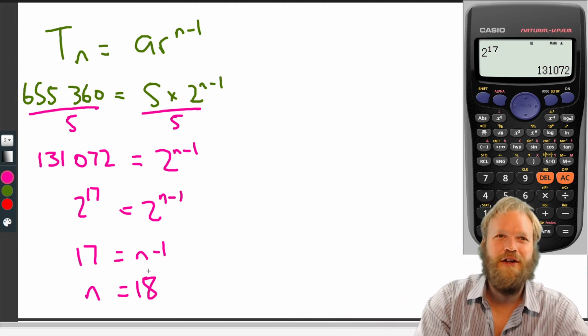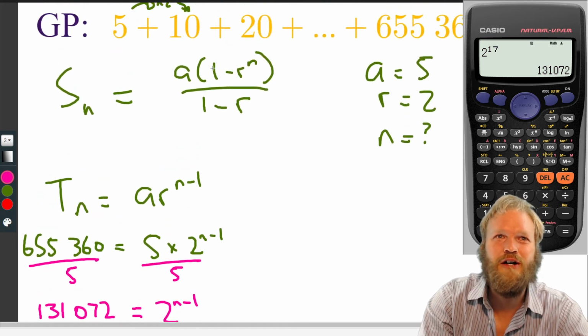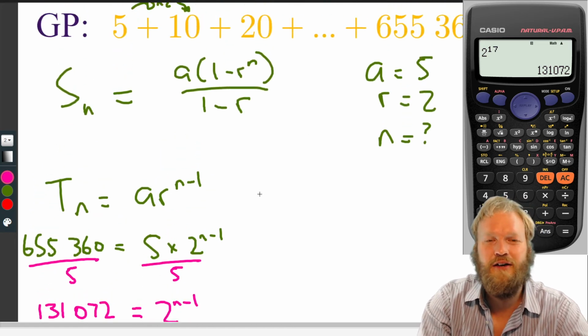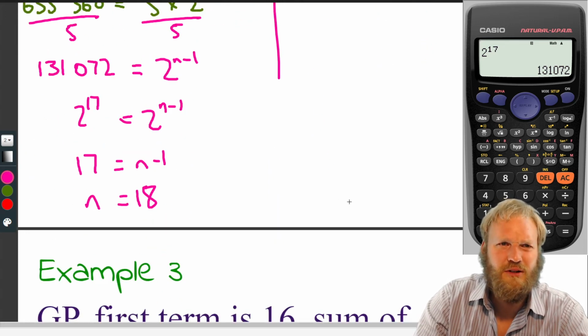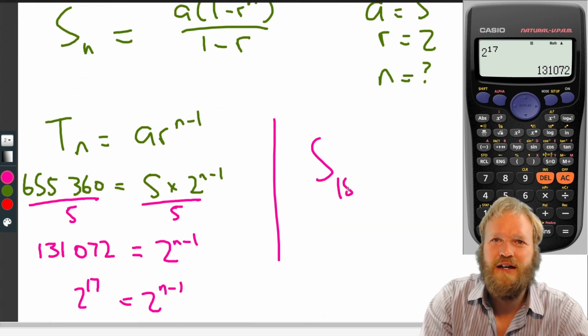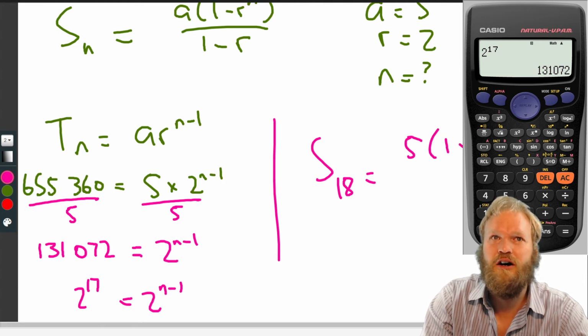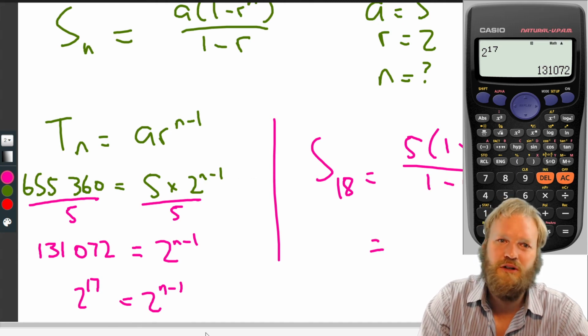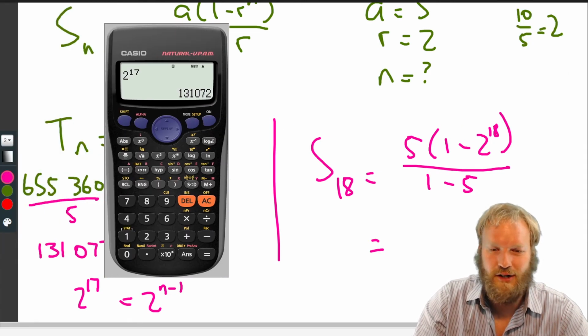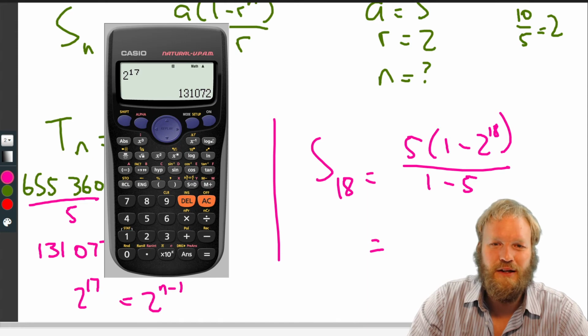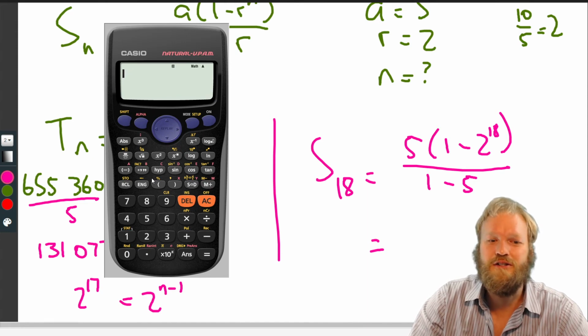Let's take a breather. Okay, so we've got our breather. And now we're ready to work out this because we've got n, a, and r. So S, n, what did we say n was? 18. S18 equals A times (1 minus r to the n) over 1 minus r equals, let's close this and go.